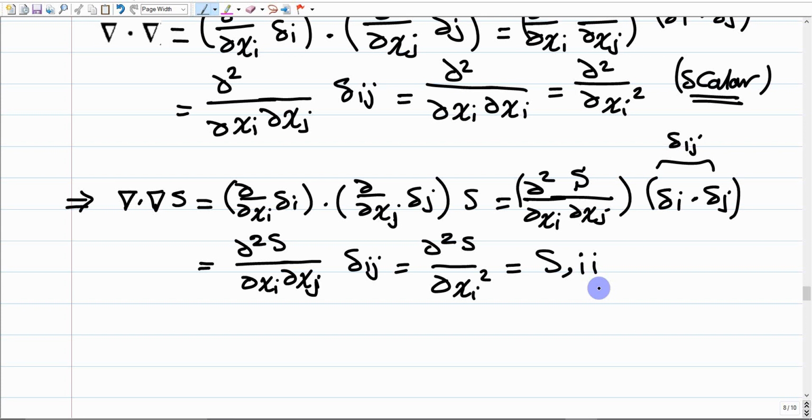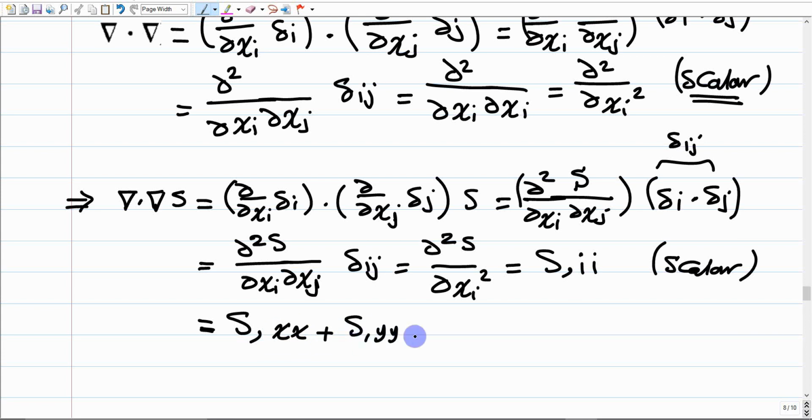Make sense? So if I decided to write this in an expanded form, what is the expanded form of this thing? Anyway, this is going to give us a scalar, because nabla dot nabla gives a scalar, times a scalar gives a scalar field. Okay? So if we decided to write this in an expanded form, we can say that this is s comma xx, because i is a dummy index, plus s comma yy plus s comma zz.